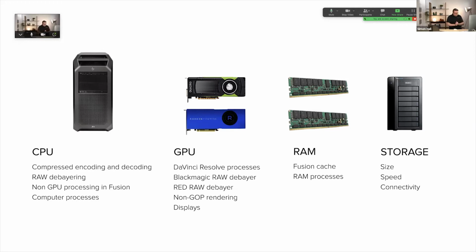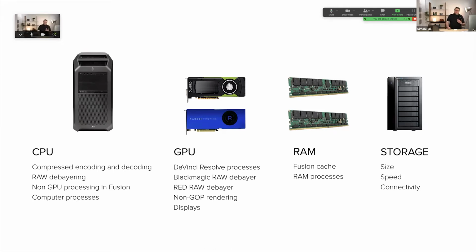As I was saying, the GPU is quite important in Resolve because we do a lot of the processes through the GPU. So things like your grades, your effects, your noise reduction, that is all processed by the GPU. Also things like rendering to non-GOP formats, so your full frame formats.